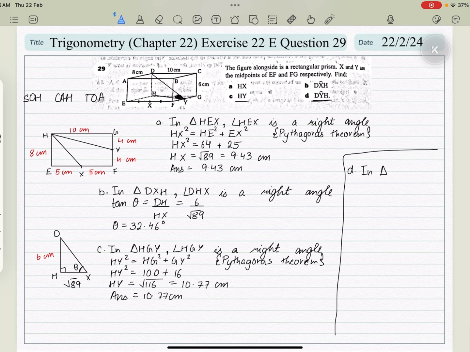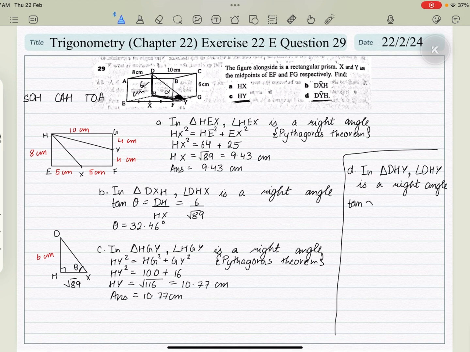So we know DH is 6 centimeters because this is the opposite side, and we know HY from question C that it's 10.77. So we can say in triangle DHY, angle DHY is a right angle. So if it's a right angle, let's name this angle alpha. We know the side opposite and the side adjacent, so we can use tan again.